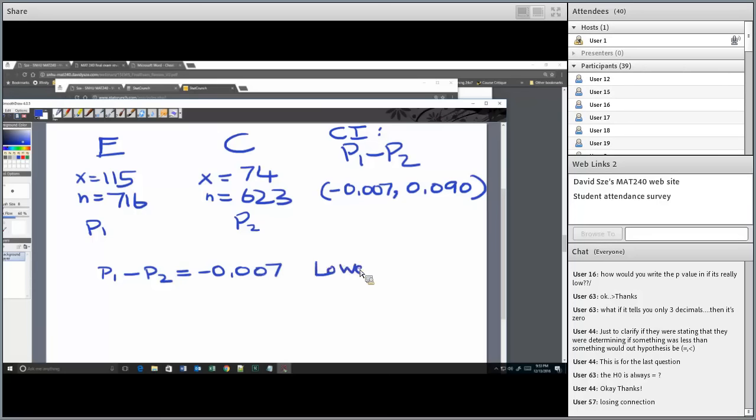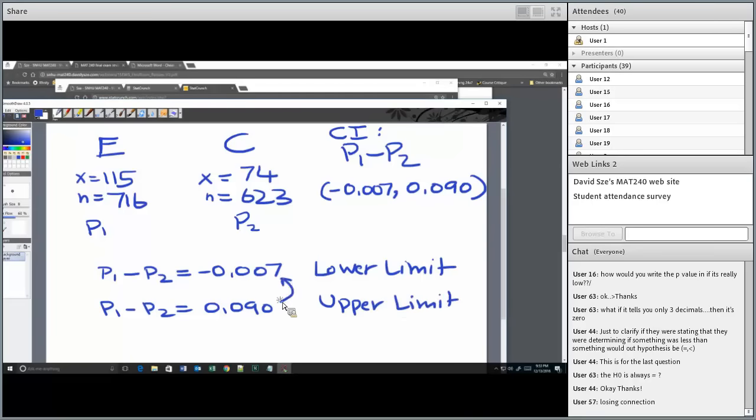This is the lower limit for P1 minus P2, and this is the upper limit for P1 minus P2. And everything in between is accepted, okay? Is a believable value.